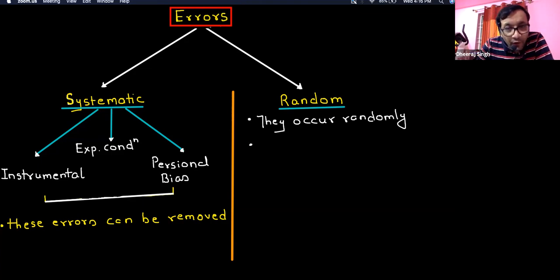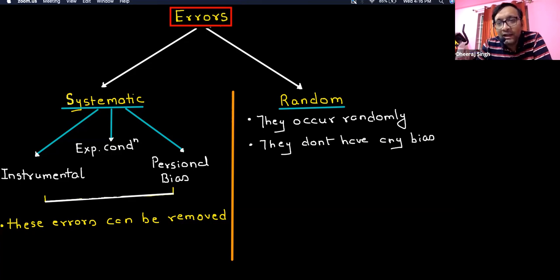So they don't have any bias. So it is not that every time you get less than the actual reading. Sometime you get less than the actual reading. Sometime you get more than the actual reading. So you never know which side the error is and how much is the error.